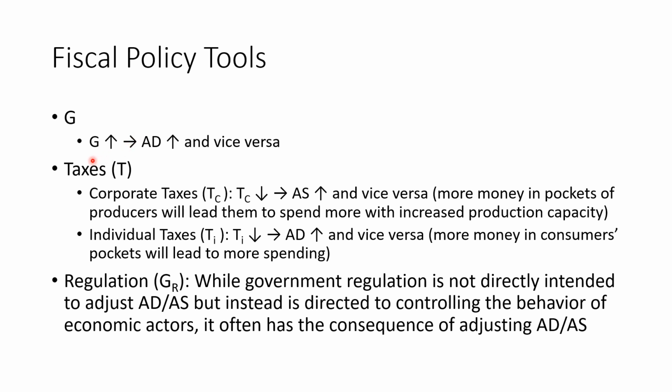The second major tool available, okay, fiscal policy is essentially regulation and government spending and government taxing, okay? Well, this is government spending. Government taxing, they issue taxes in two different levels, right? First is commercial taxes, which is to say corporate taxes, okay? This is the primary tool they'll use to affect aggregate supply.